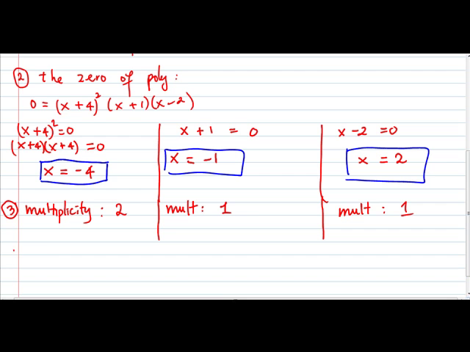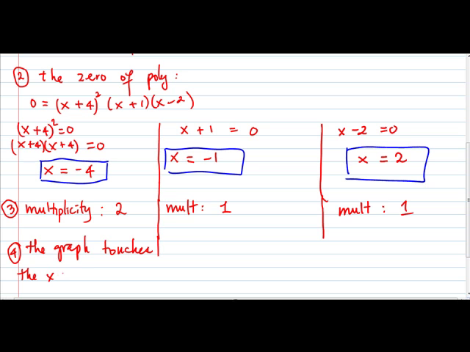Okay. Step 4, we determine whether our graph crosses or touches at our solution. Because our multiplicity here is even, here is 2, therefore the graph touches the x-axis at x equal to minus 4.